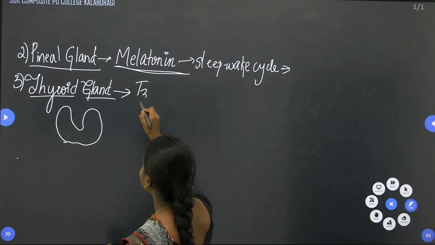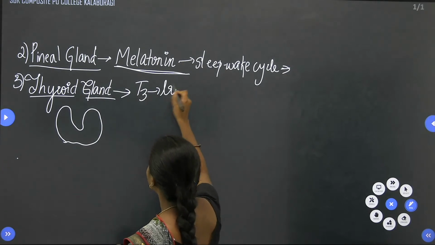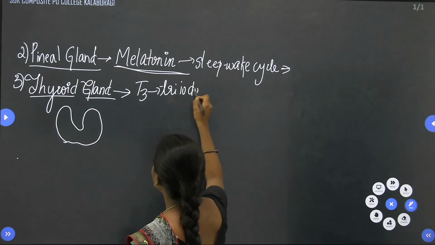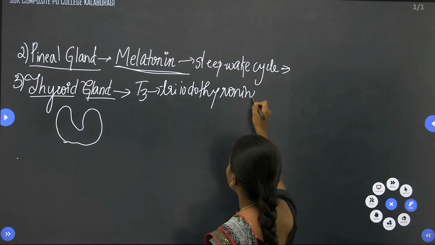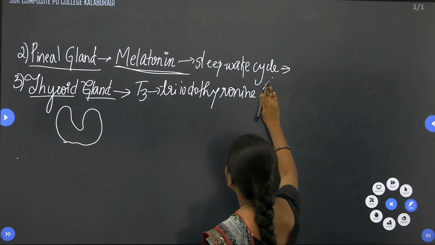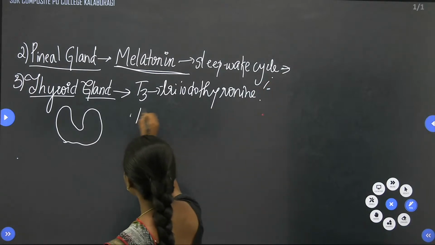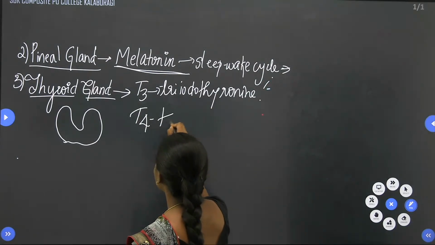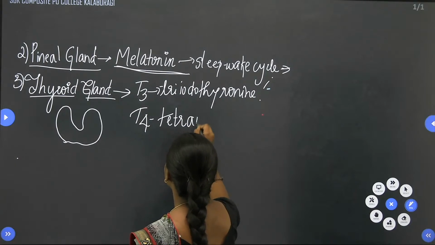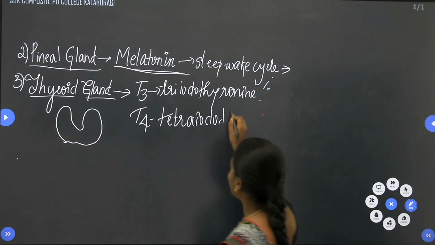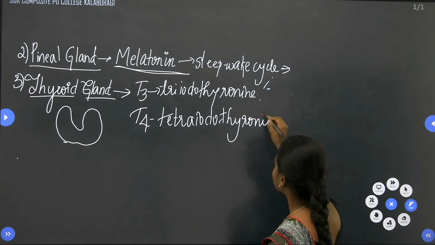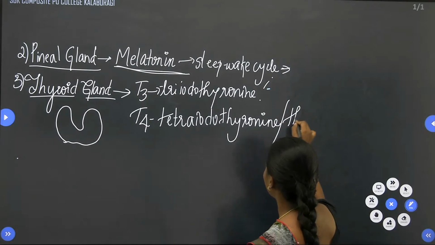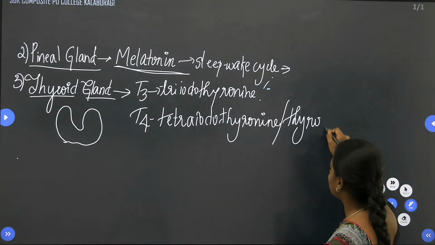One is T3, that is triiodothyronine, and another one is T4, that is tetraiodothyronine. This is also called thyroxine.